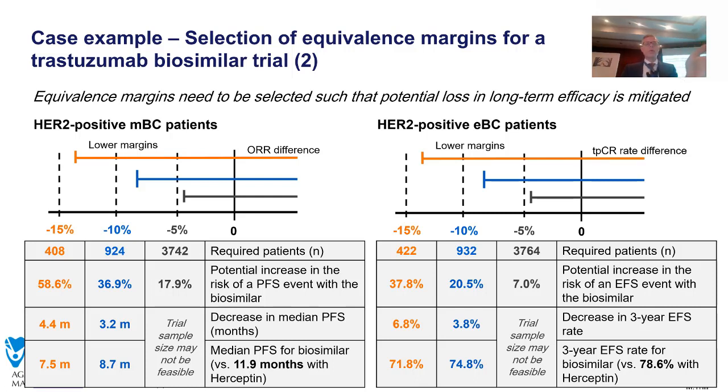Having a rate of a lower boundary of minus 10%, this is more realistic, but you see the patient number has to be twofold higher. And having a lower margin of minus 5%, that is not feasible. So it's not realistic to recruit more than, let's say in this example, 3,700 patients for a biosimilar study.